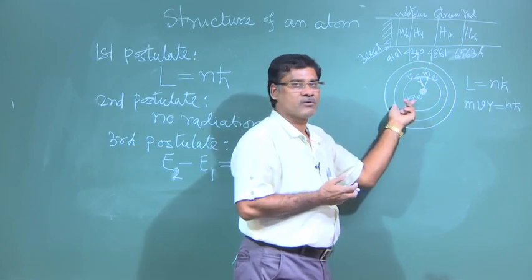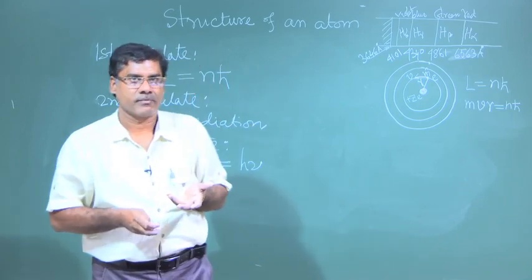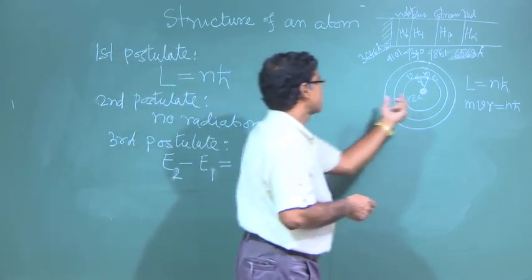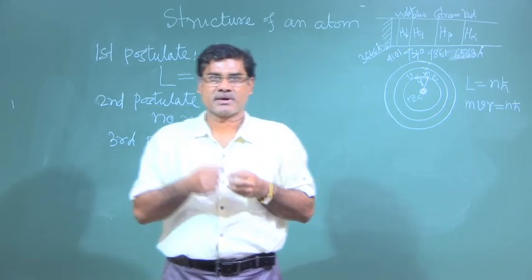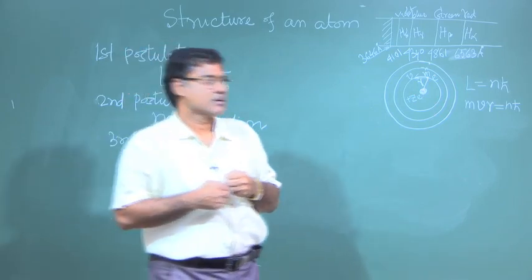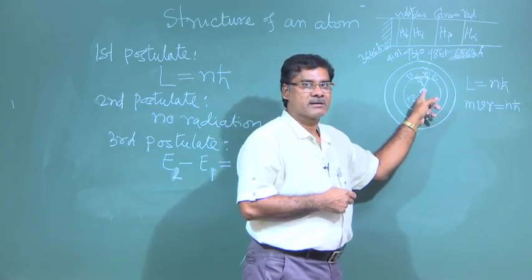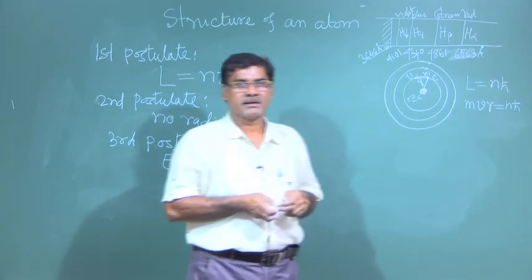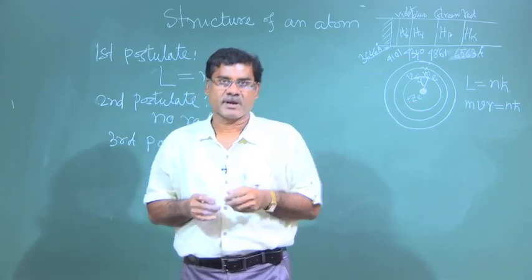So, for lithium, which has 3 electrons, if you take out 2 electrons, the nucleus charge will be plus 3e. So, in general we have taken Z, where Z is the atomic number.